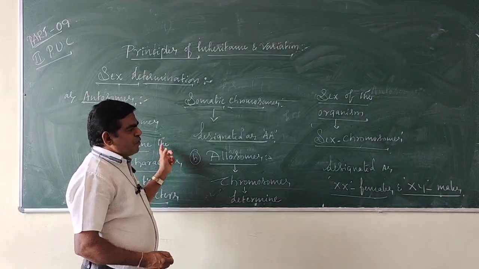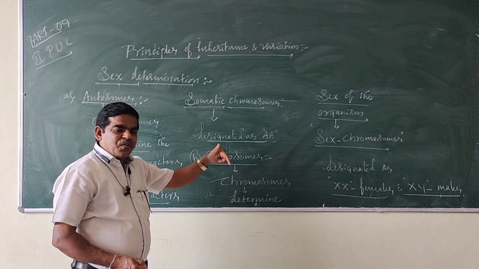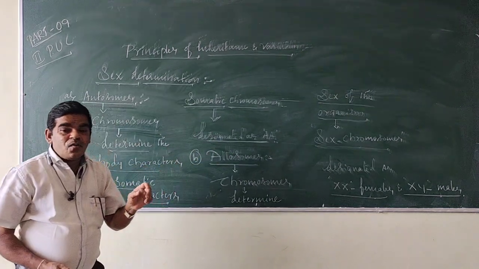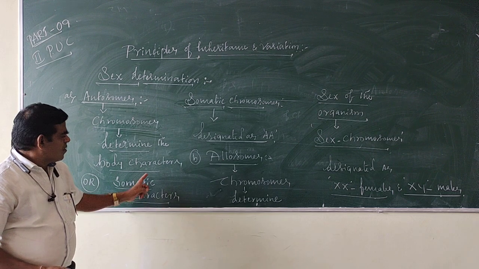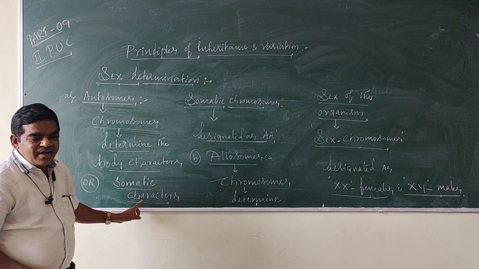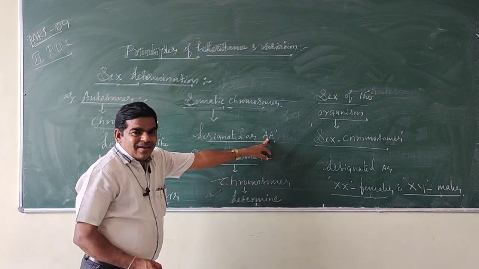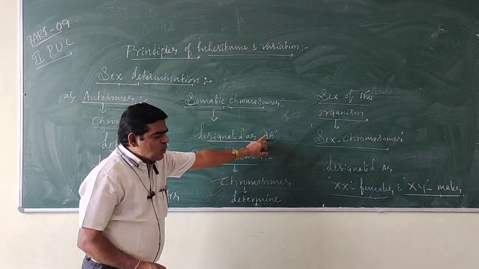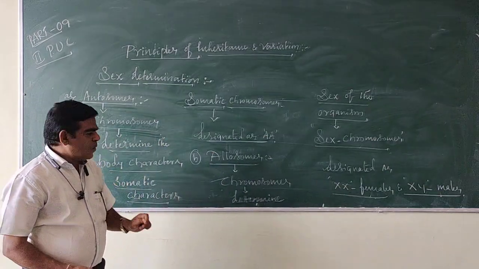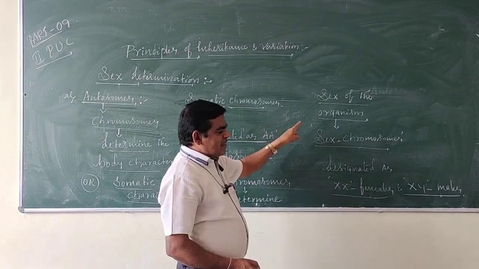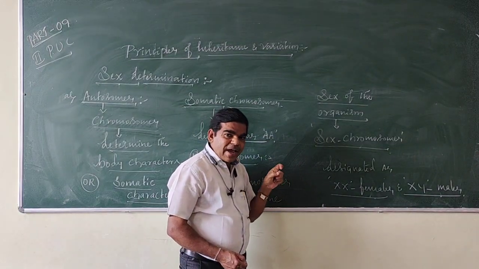Clear? So, autosomes and allosomes. We know the difference. Autosomes are responsible for determination of body characters, so they are also called somatic chromosomes, designated as A. And allosomes play a very important role to determine the sex of the organism.